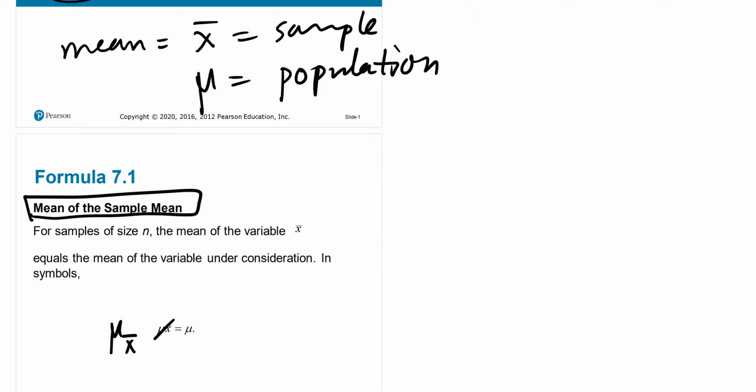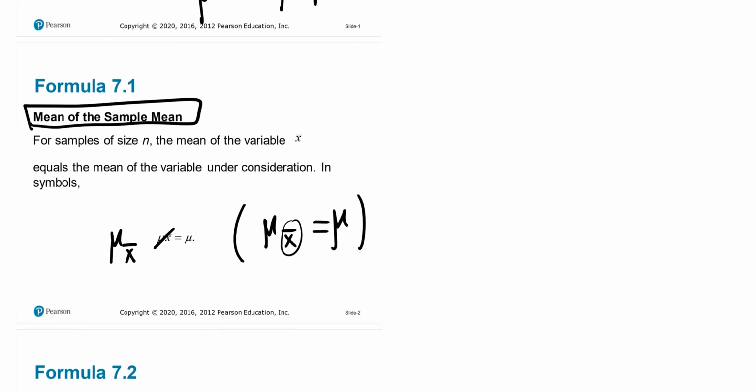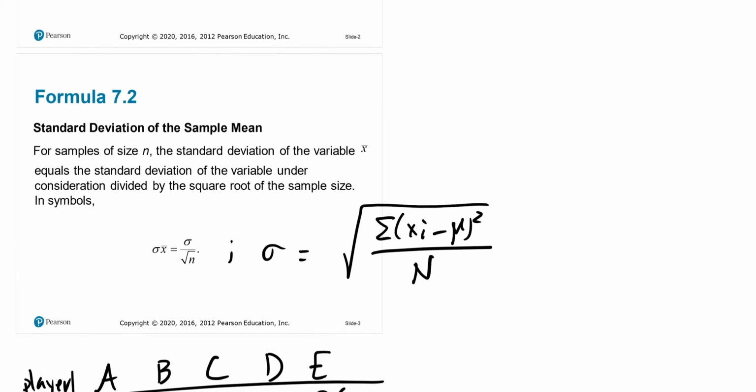And what is it? For a sample of size n, it's equal to the population mean. I'll prove this to you by numbers in a minute. So always, the mean for the sample mean is equal to the mean of the population, or the population mean. And we will come back to the standard deviation in a minute.